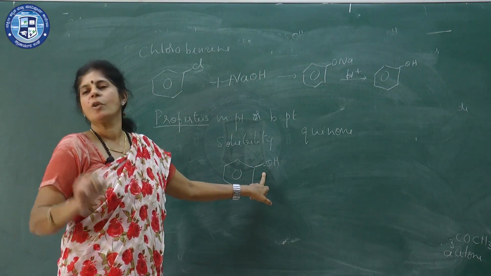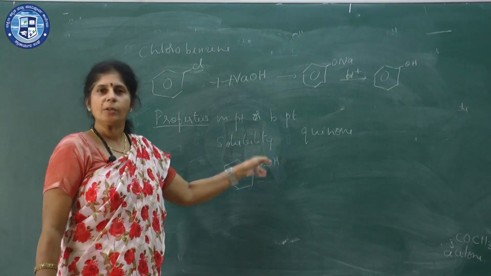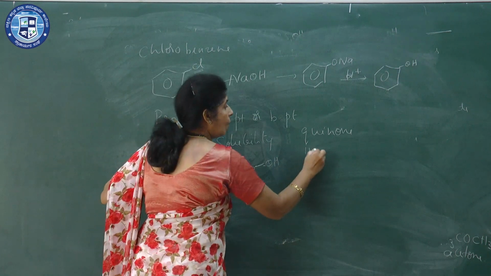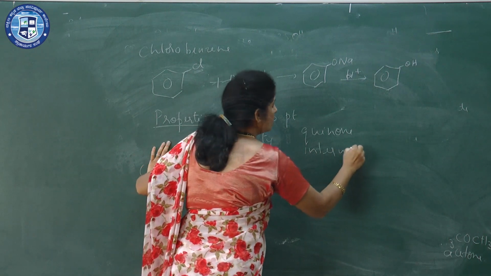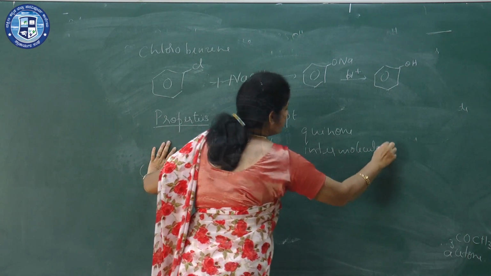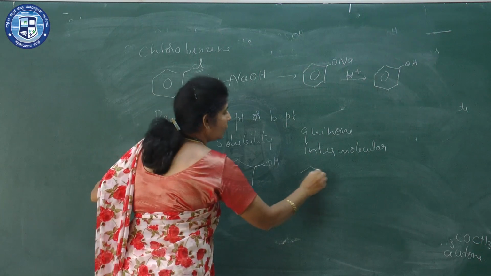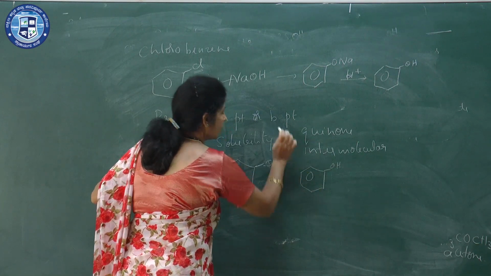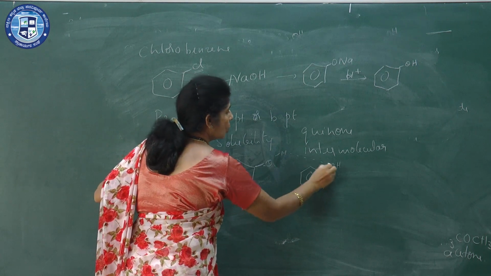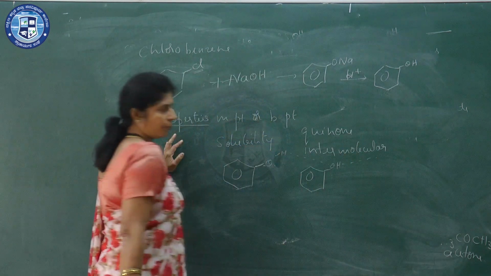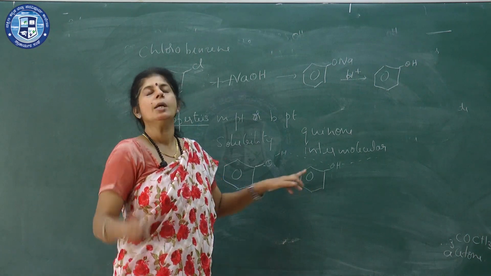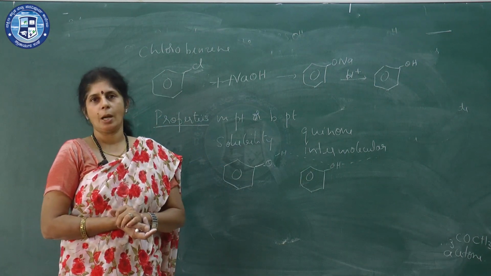Because of the presence of the OH group, it can form intermolecular hydrogen bonds with the other phenol molecules. So you can have intermolecular hydrogen bonding with the other, that is, an H will be linking to the O, likewise it goes. Because of this intermolecular hydrogen bonding, the boiling point is quite high.